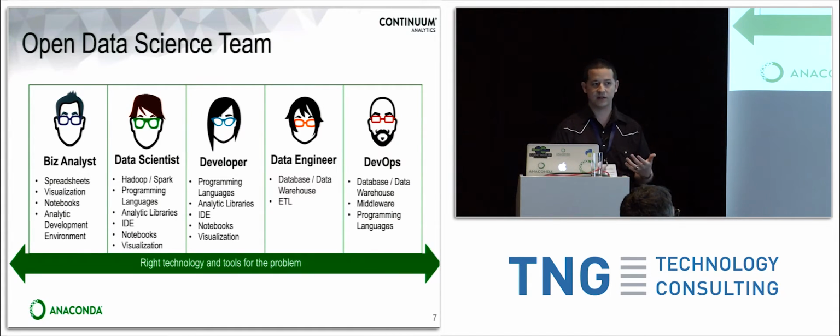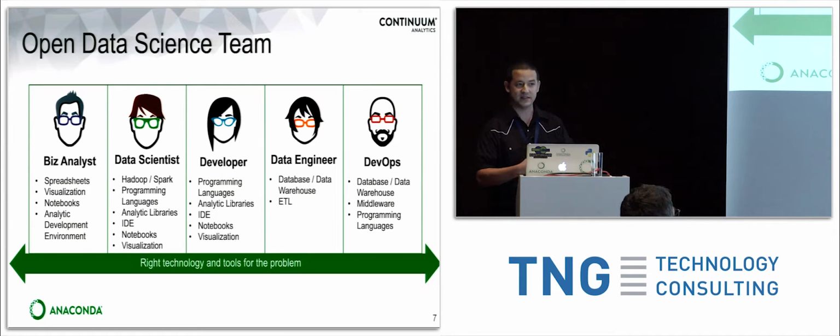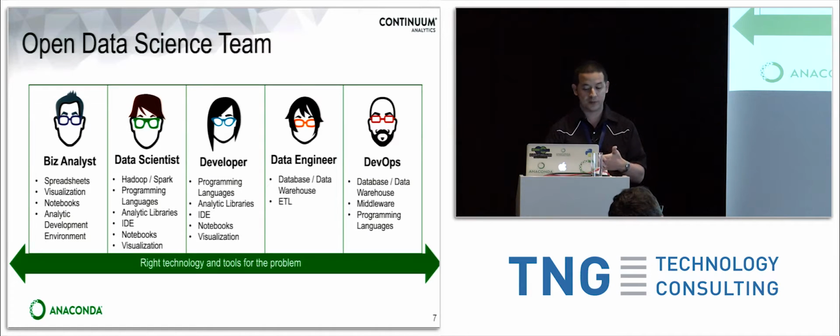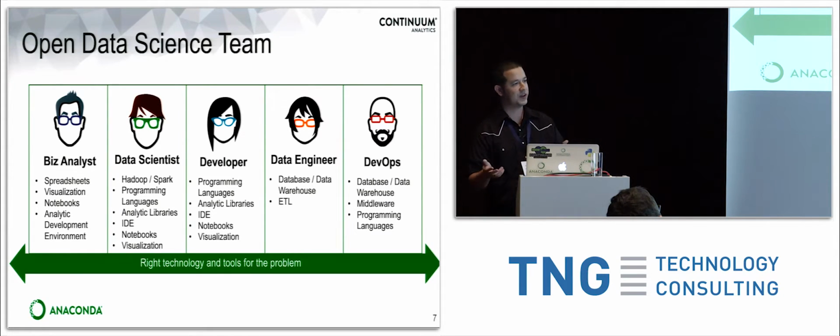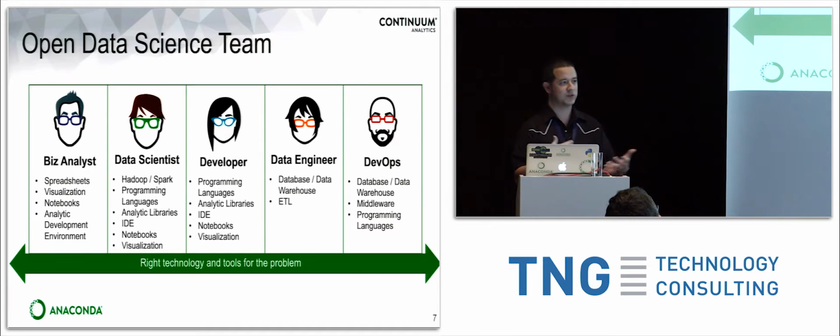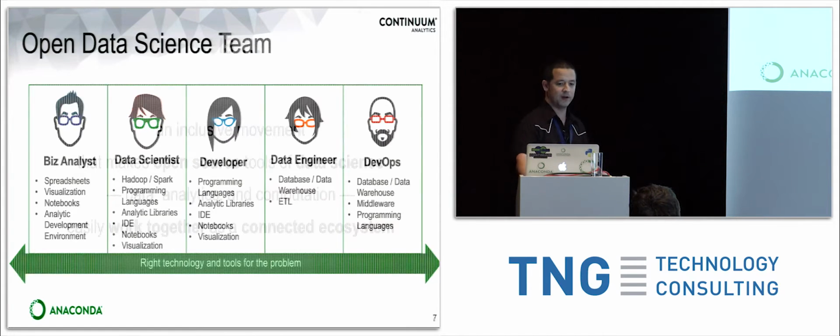So business analyst working with spreadsheets, or you might be a data scientist expected to do machine learning and visualization, a developer who's working in many different programming languages and environments, a data engineer who's moving and doing ETL on data, and then DevOps, who's actually productionizing these models once they're done. So we want this team to work in cycles. We want them to work all together using the right technology and tools for each persona shown here.